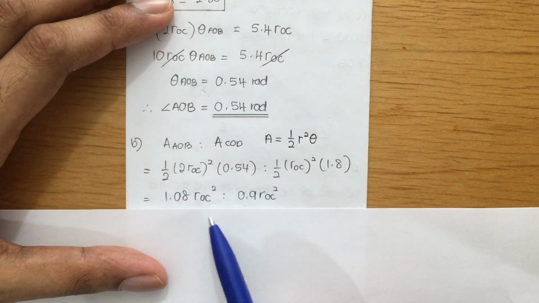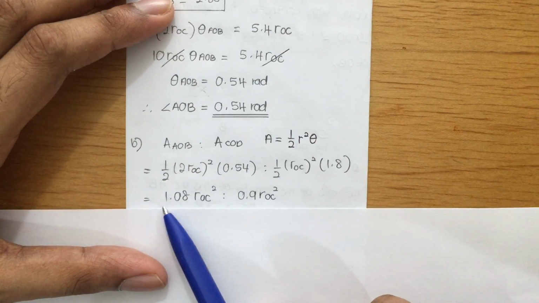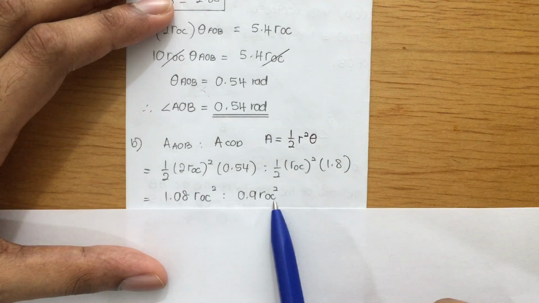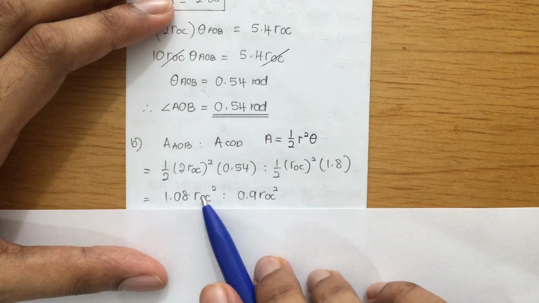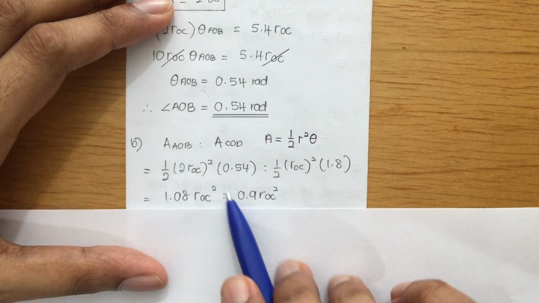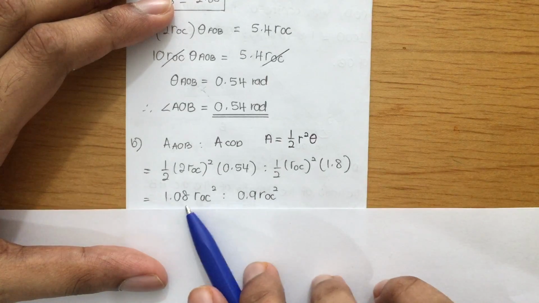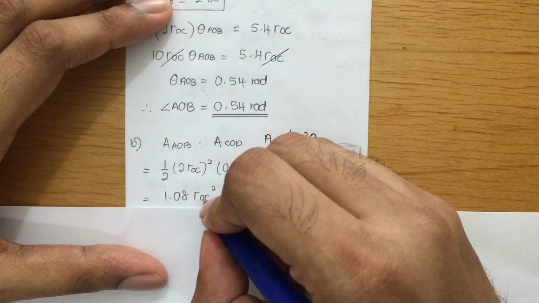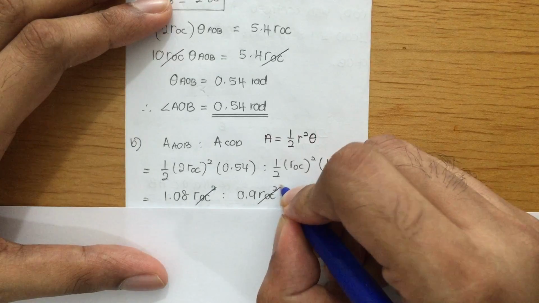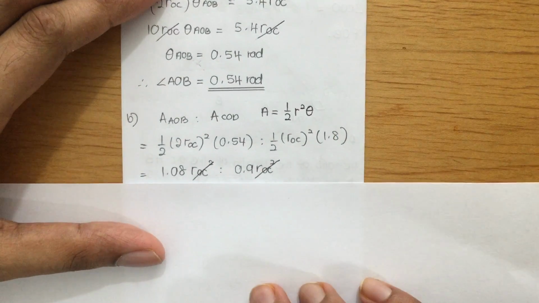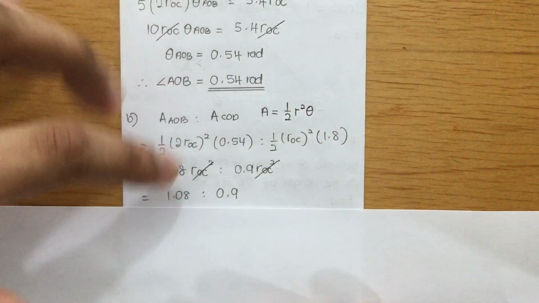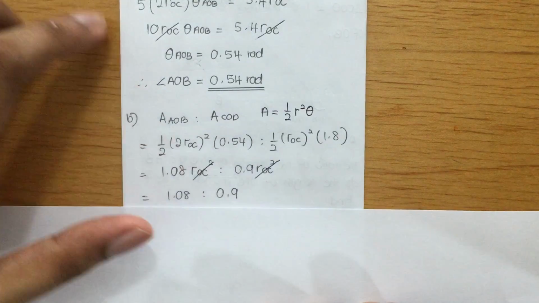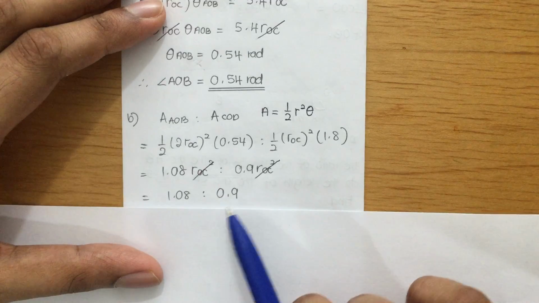From here we're going to calculate the ratio. You get 1.08 OC squared is to 0.9 OC squared. So what you can do is cancel the OC squared from both sides. So in this step you will get your answer 1.08 is to 0.9, but you cannot leave your ratio in this form, guys.